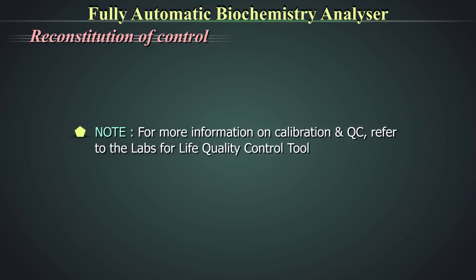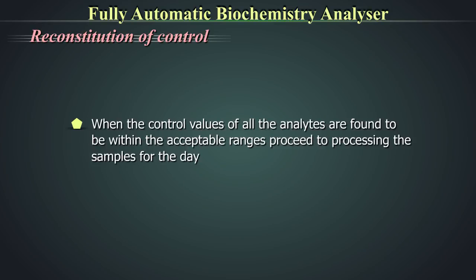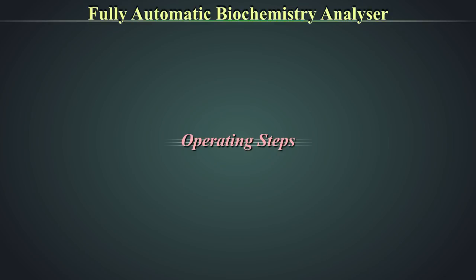For more information on calibration and quality control, refer to the Labs for Life quality control tool. When the control values of all the analytes are found to be within the acceptable ranges, proceed to processing the sample for the day.